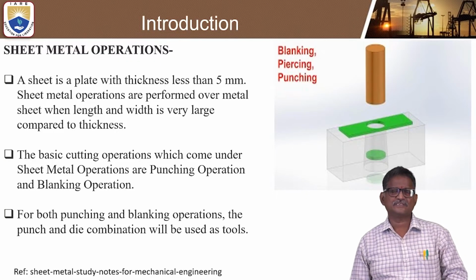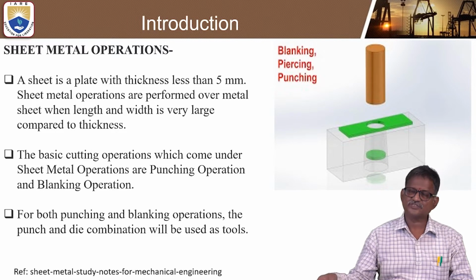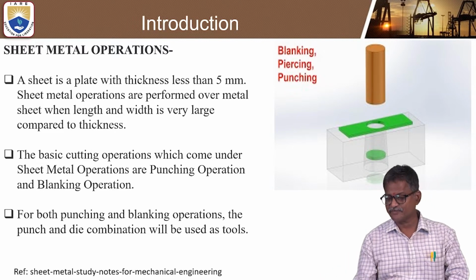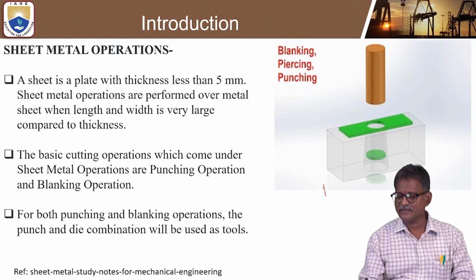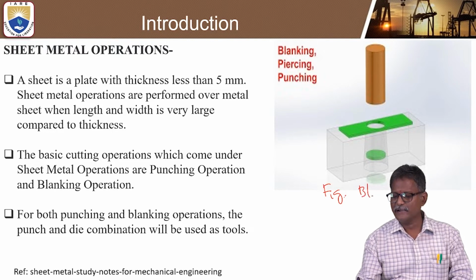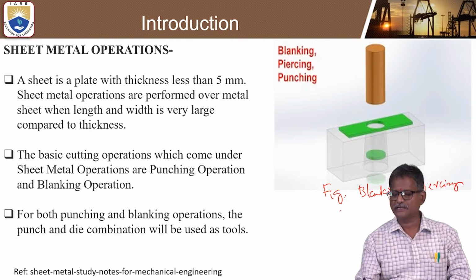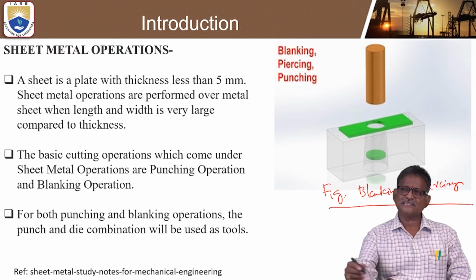Coming to the introduction of sheet metal. All this blanking, piercing, punching comes under the sheet metal operations. Look at students, this is a three-dimensional figure. In this figure, we can understand how blanking and piercing or punching work.